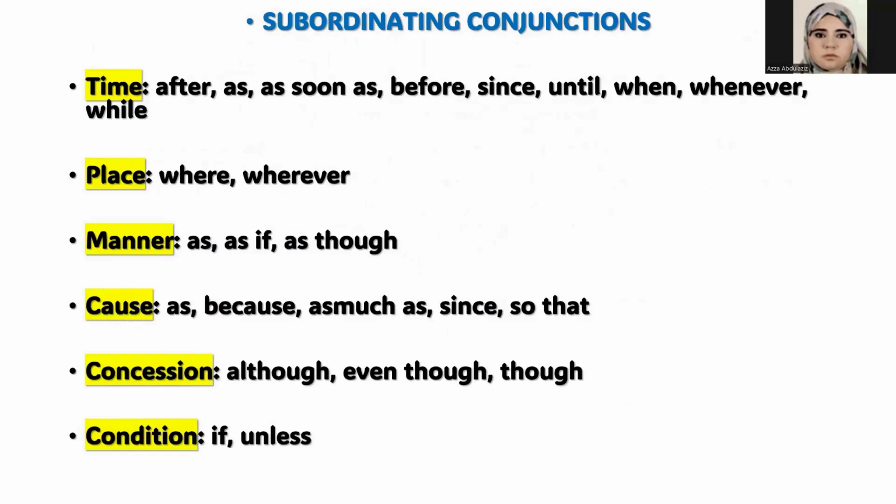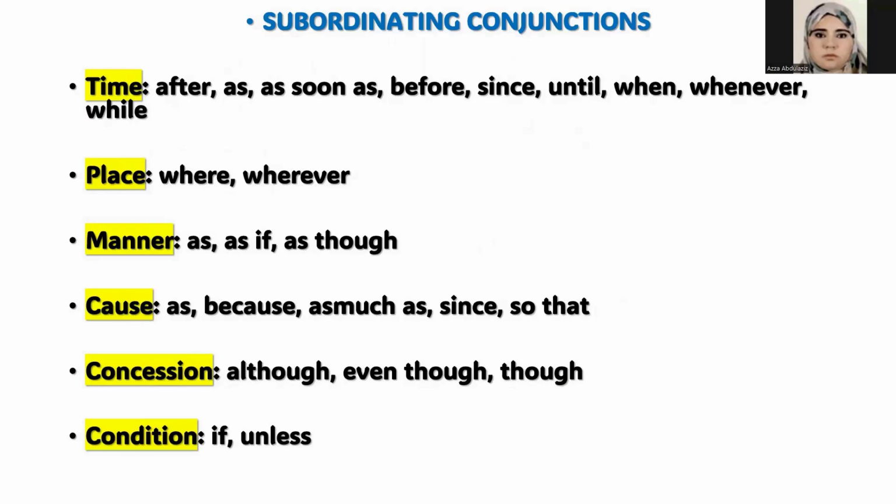Now I'm going to give you some examples of subordinating conjunctions. We have subordinating conjunctions for time, like after, as soon as, before, since, until, when, whenever, while. Subordinating conjunctions for place, like where, wherever. For manner, like as if, as though.